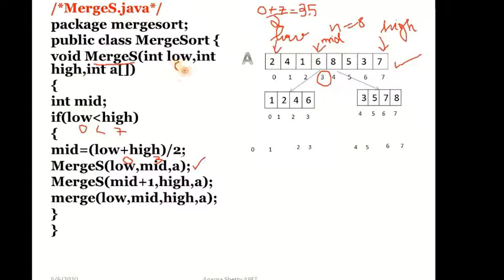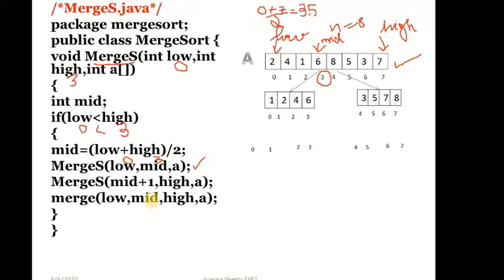So it will go here, low value is 0, high value is 3, and A array is passed. Again, we are checking if low is less than high. In our case, high value is 3. So is 0 less than 3? Yes. Compute the mid element.